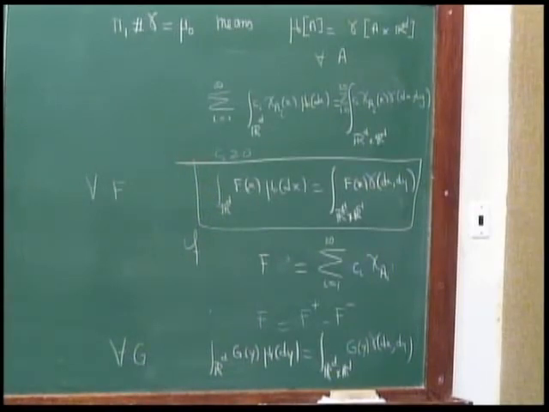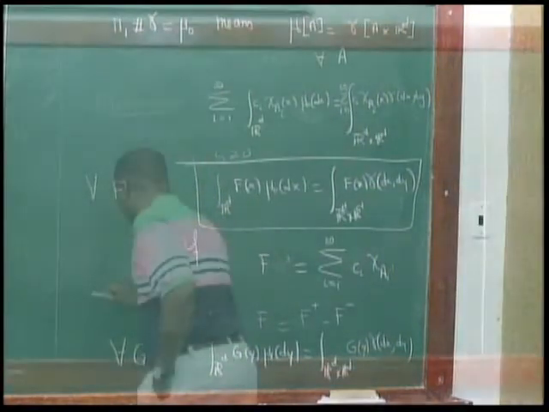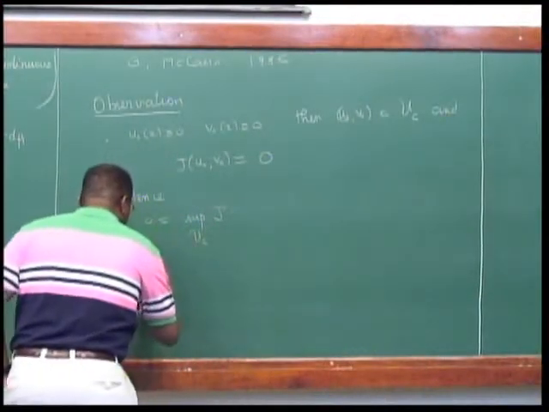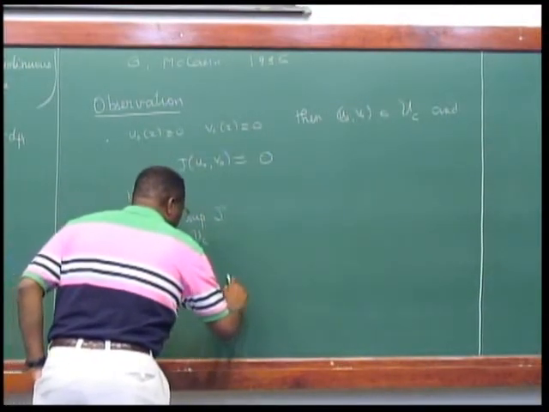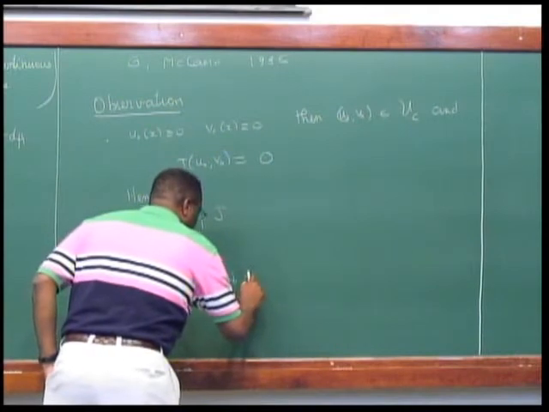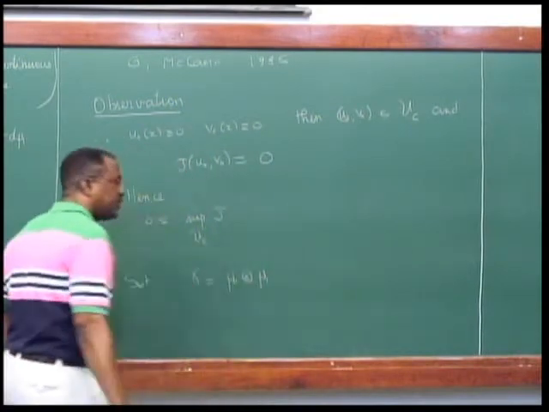So let me use that property here. Set gamma to be mu naught tensor mu1.